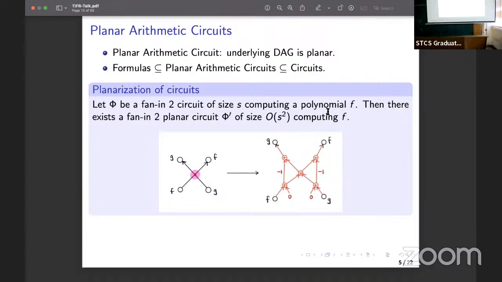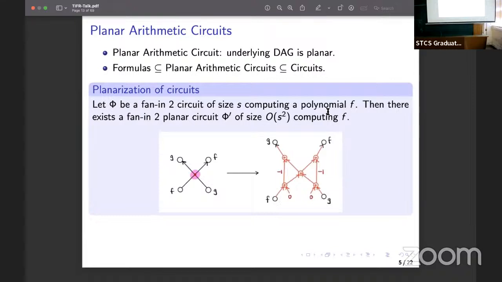This gate computes f plus 0, this gate computes f plus g. You want g to reach this wire, so you need to subtract a couple of terms. This gadget has constant size, just like 5 vertices and a few edges. So at every edge crossing, you can eliminate the crossing by pasting this circuit.